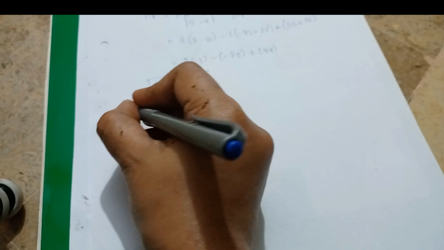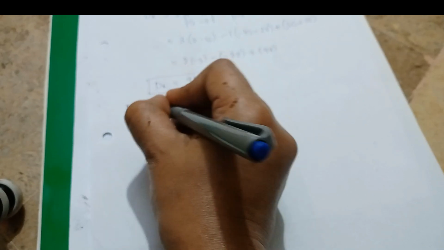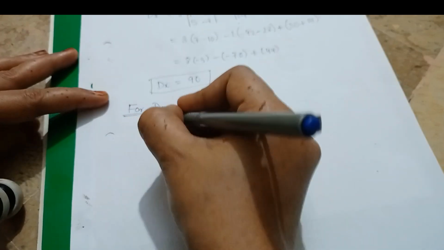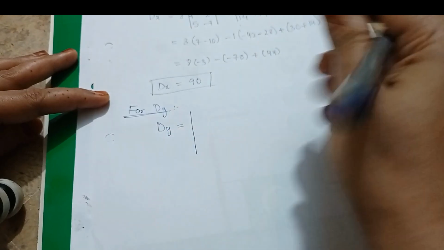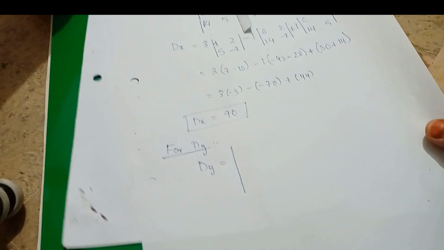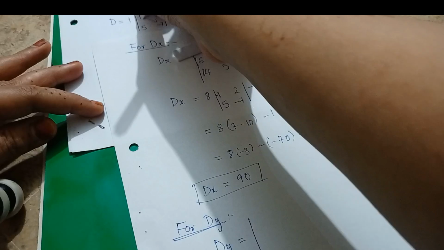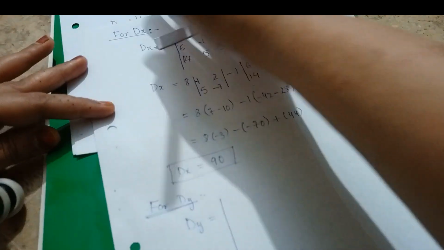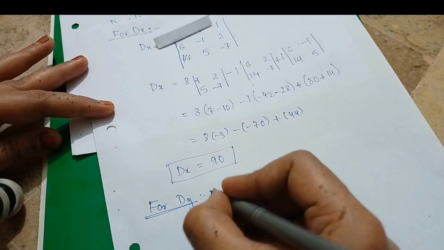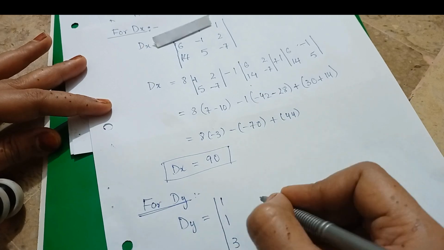And now for dy, how we write it here? Determinant, so we write it here. One, 3.